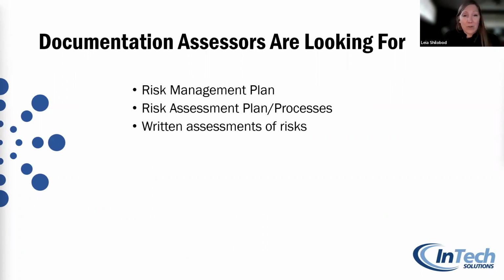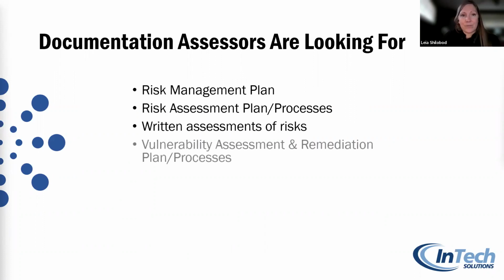They're going to look for some kind of written assessment of risk. They're going to be looking for some kind of evidence of a vulnerability assessment and remediation plan. What are you doing? Not just like, we do it. It has to be like, what is your approach? And what kind of processes do you have in place to assess and remediate the vulnerabilities?